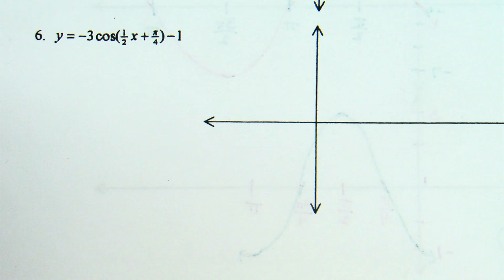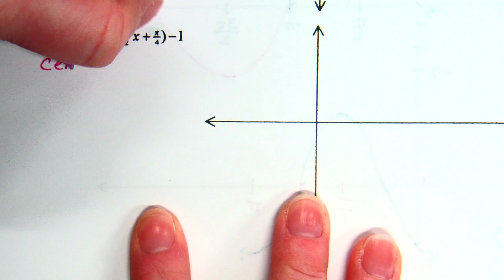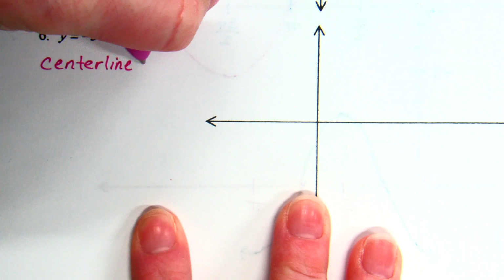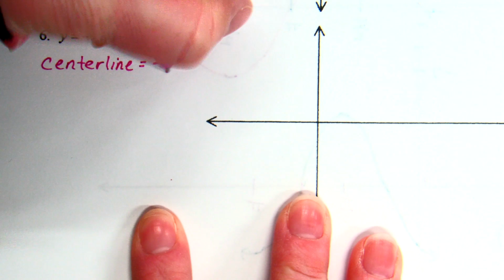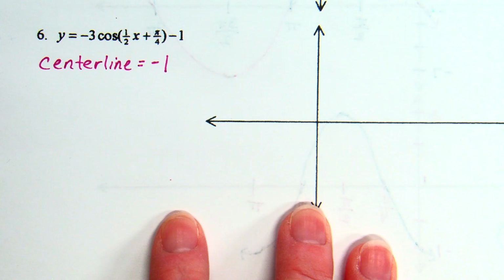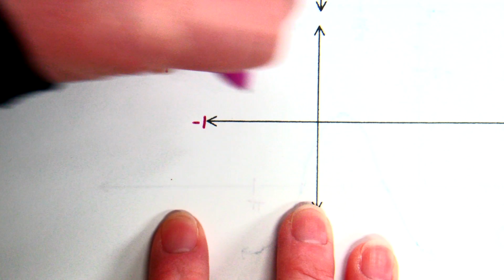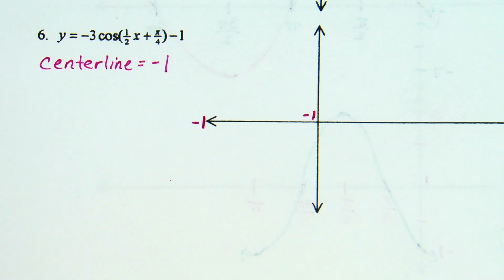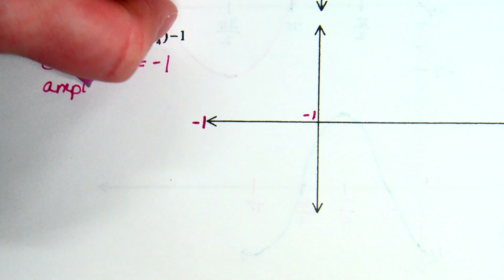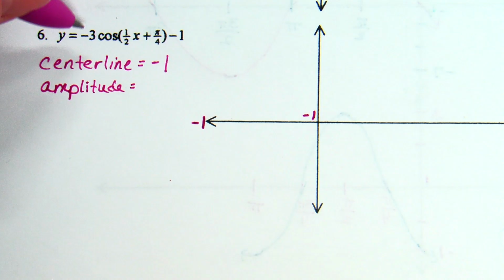Okay. Center line: -1. Center line is the number added or subtracted at the end, which is -1. If you want me to go ahead and put the -1 on my graph, there's my center line, -1. We usually next have been talking about amplitude. What's my amplitude? The number out front, the absolute value of the number out front, which is 3.